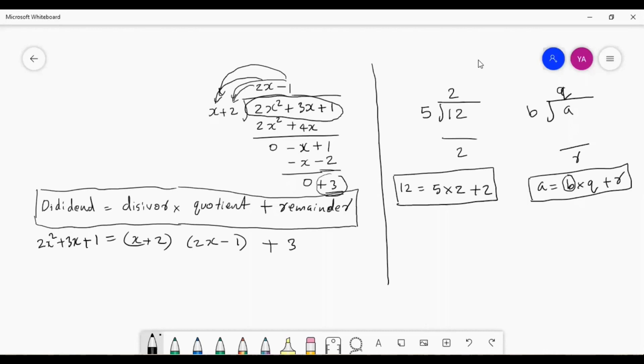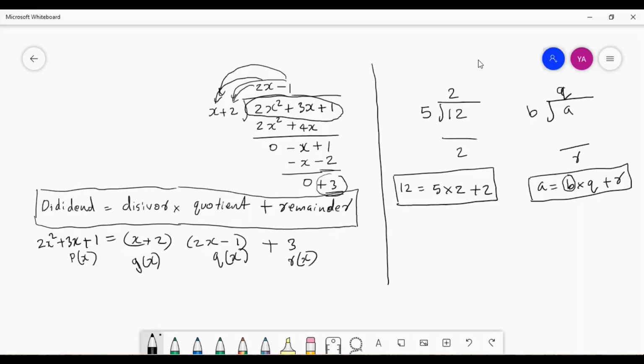So this also holds for polynomials. Suppose we give names: 2x square plus 3x plus 1, that's the dividend, we name as p of x, the divisor as g of x, the quotient as q of x, and the remainder as r of x.